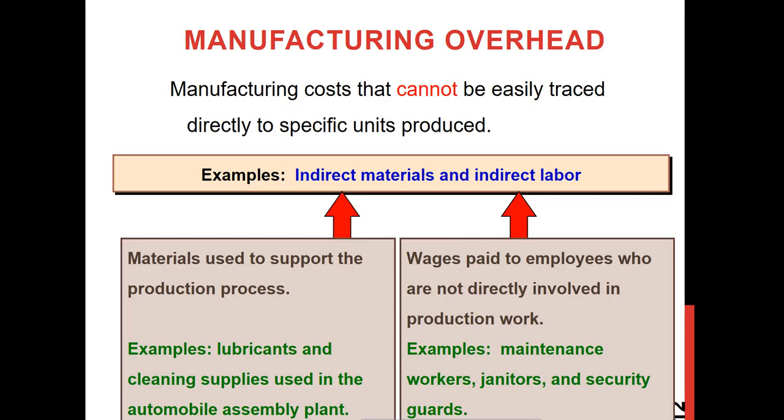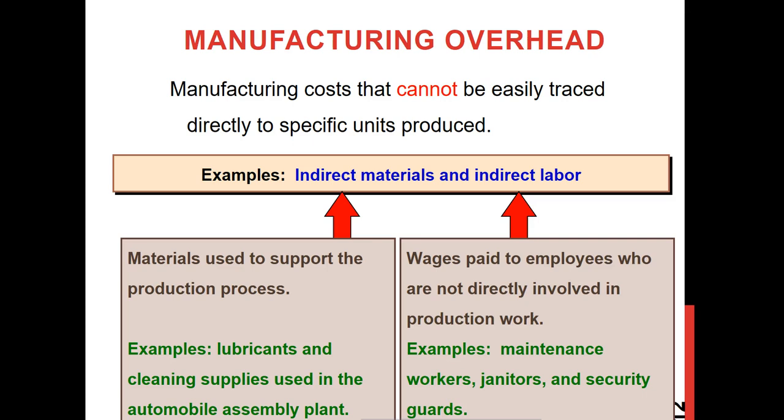Now, we have the third type of product cost, which is manufacturing overhead. This type of cost is not easily traceable, and it is also known as indirect cost. And of course these costs are related to your manufacturing process.